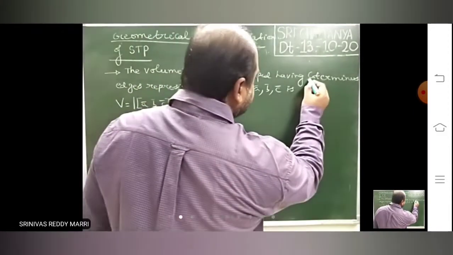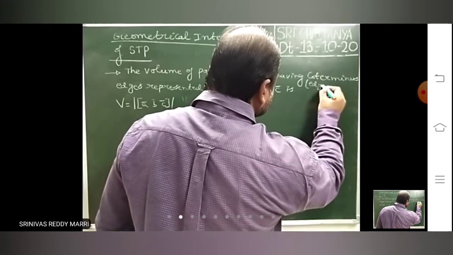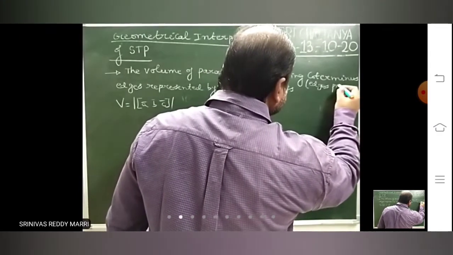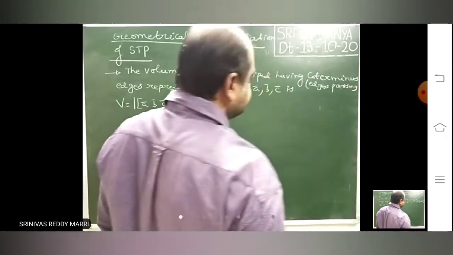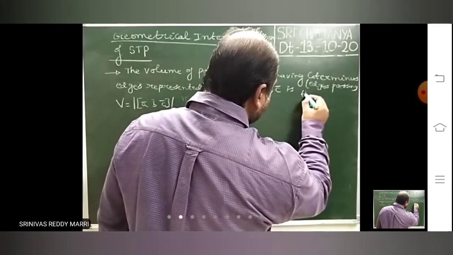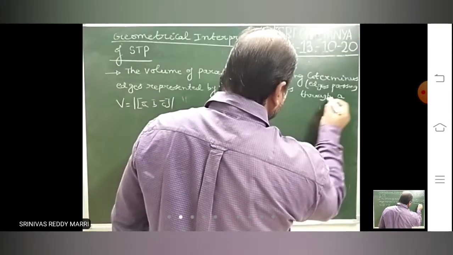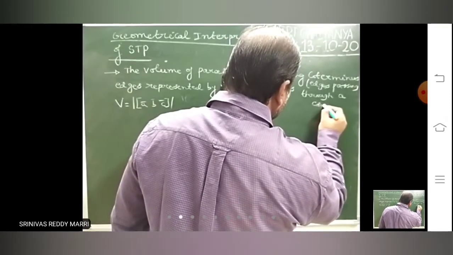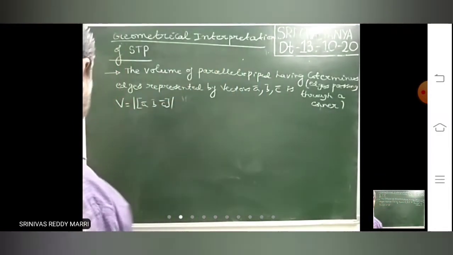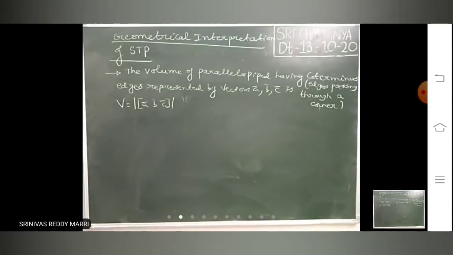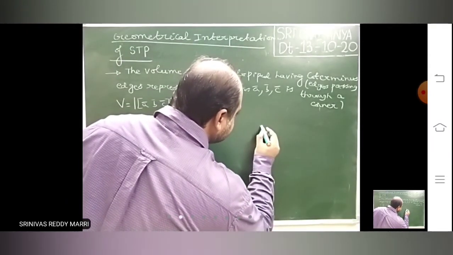Coterminous edges means edges passing through a corner. Parallelopiped means, I will explain.